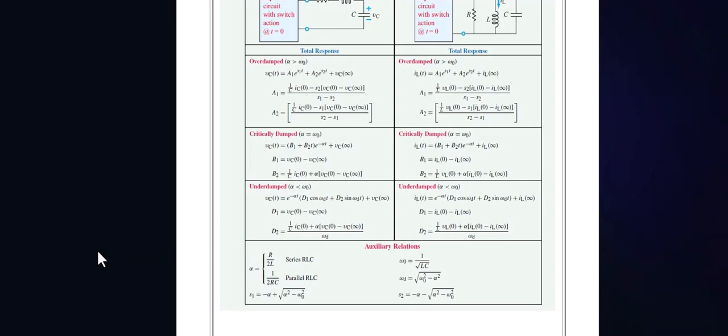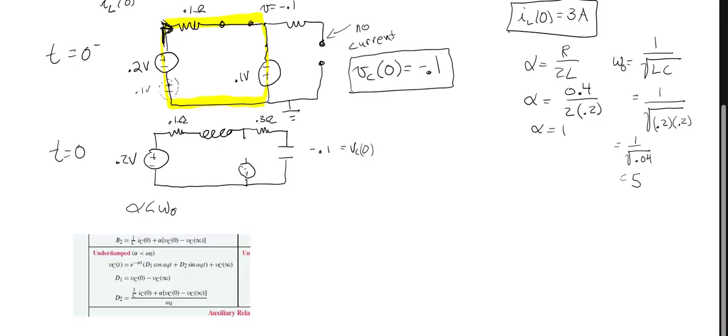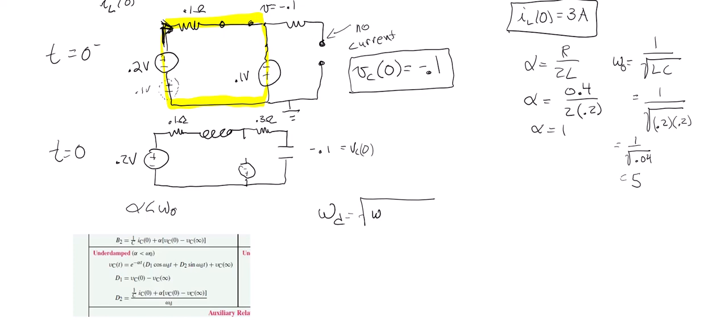So omega d is the square root of omega naught squared minus alpha squared. So omega d is the square root of 25 minus 1, or the square root of 24, which is 4.9.